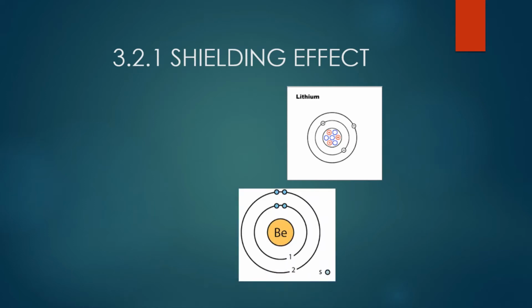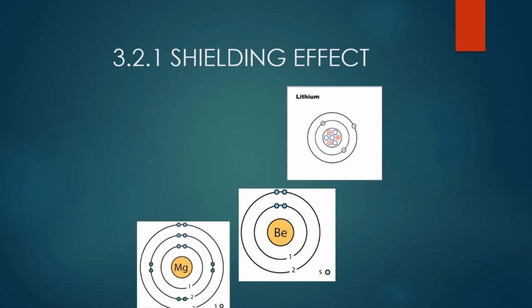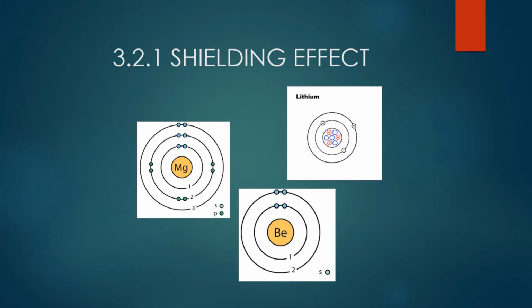Now, this is the Bohr's atomic model of beryllium. Its atomic number is 4. Its first shell is K with 2 electrons, and the second shell is L shell with 2 electrons. Now, this is the Bohr atomic structure of magnesium. Its atomic number is 12.